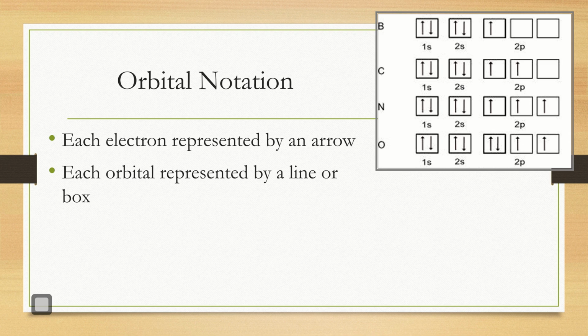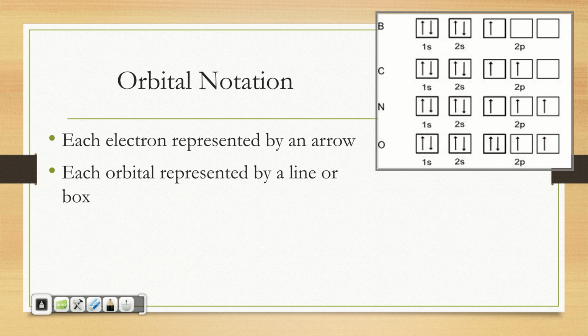With orbital notation, we are more specifically drawing out the arrangement of the electrons in that electron configuration. Arrows represent electrons and orbitals are represented by boxes or a line. You can see there are boxes in the pictures, but you can also just write 1s with a line, 2s with a line, etc. Now we have to understand the number of orbitals based on the sublevel.